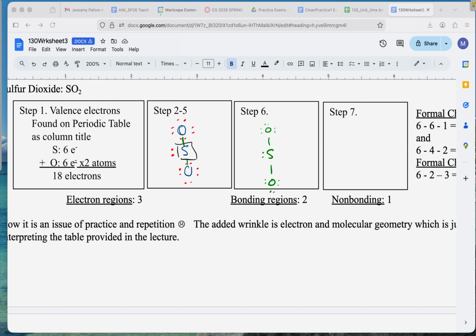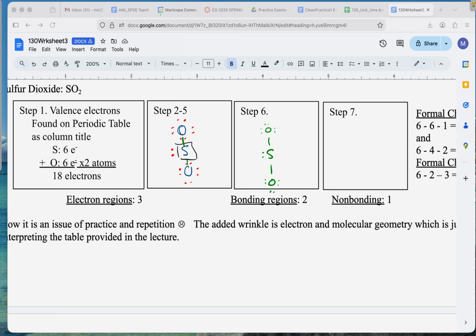Step 6, before I continue on to any other steps, is I need to consider octets. Every single atom should have achieved their octet. We don't have any hydrogens here, which means every atom should have 8 electrons around it. If we look at the oxygens, yes, they have 8. What about the sulfur?